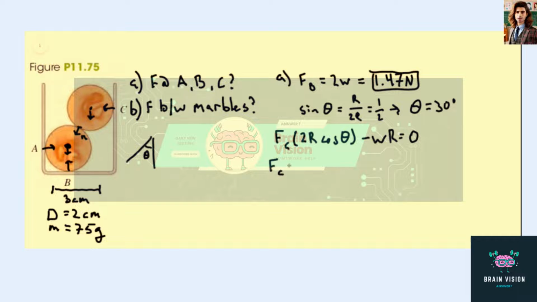So then we solve this for FC, and we find that it is 0.424 newtons.